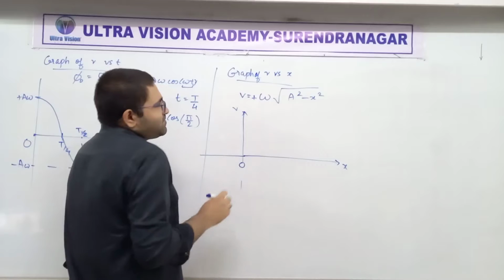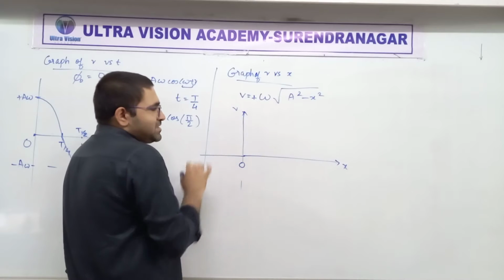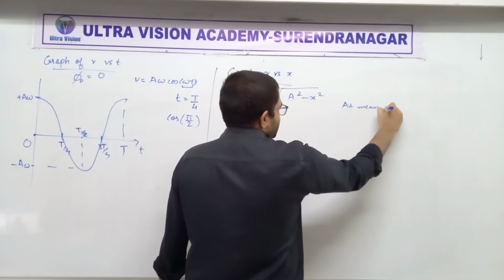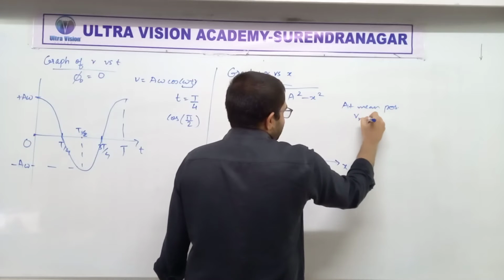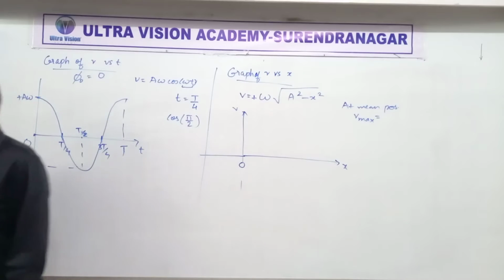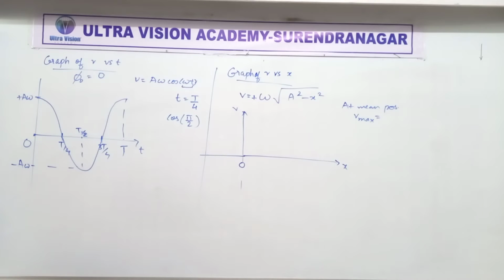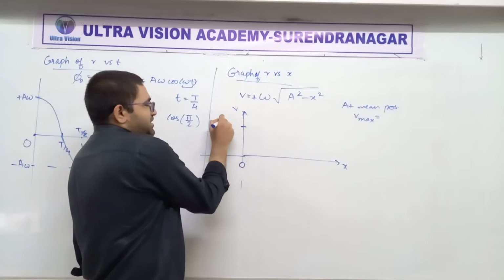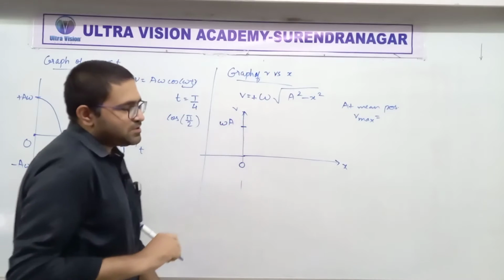When the particle is at the mean position, the speed is maximum, isn't it? How much is that maximum speed? It is omega into a. So that would be the maximum speed. Let's say here, omega a.